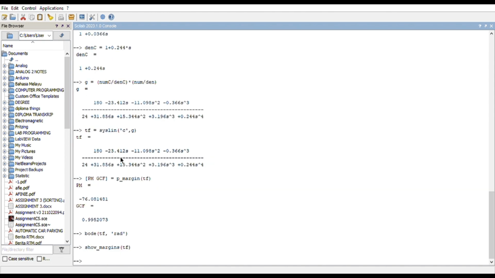Then we insert it into this line, and we generate the phase margin and gain crossover frequency. The new phase margin is negative 76.081 and the new gain crossover frequency is 0.9952.